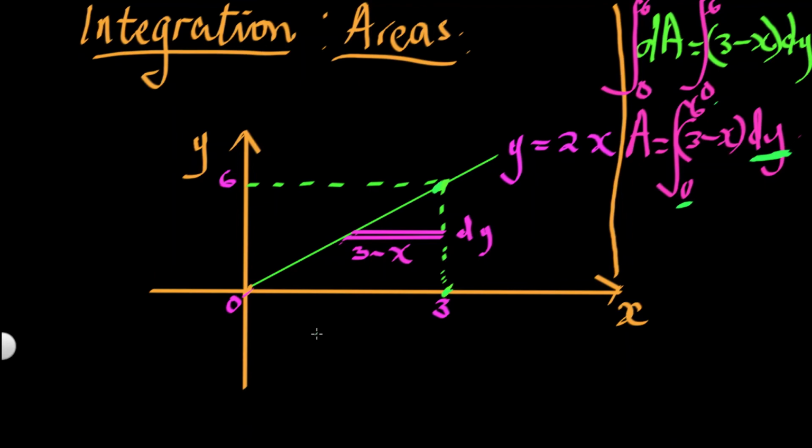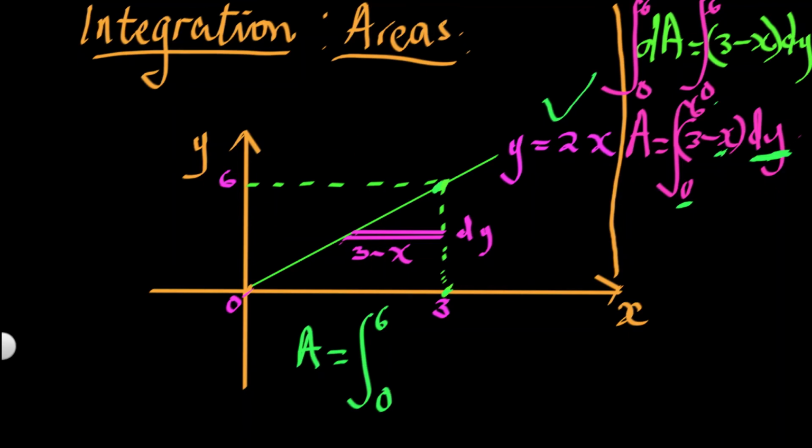Now, we now know that our area is equal to the integration from 0 to 6 of 3 minus x dy. I said you cannot integrate in terms of y when you have an x here, which means you have to replace the x here by a function of y. What are we going to rely on? We're going to rely on our original function.